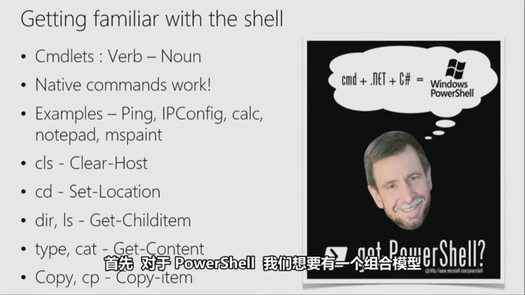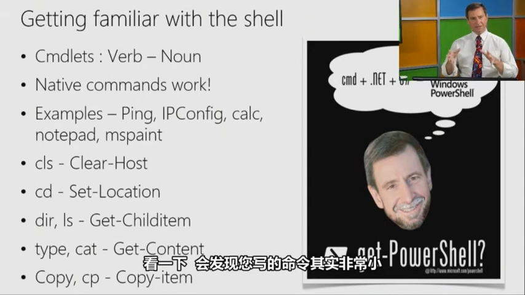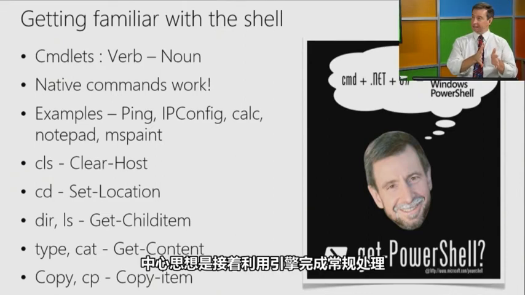First, with PowerShell, we wanted to have a model of composition. If you take a look at it, the commands that you write are really small, and the idea is that you then leverage the engine to do common processing.